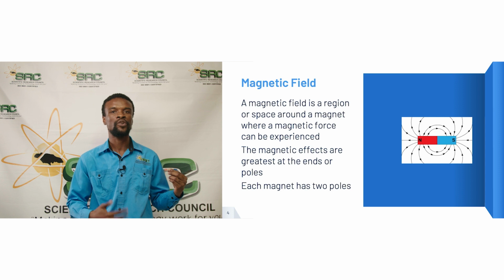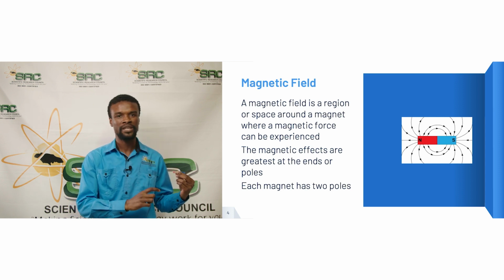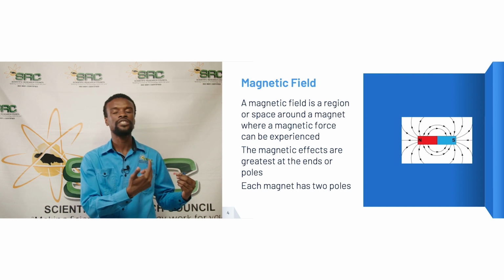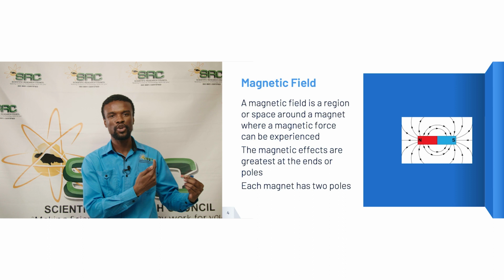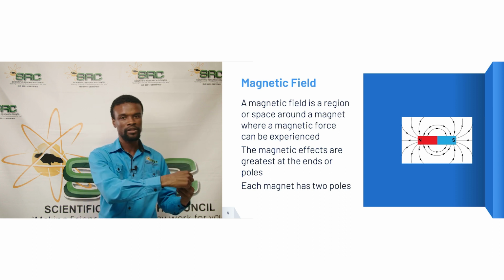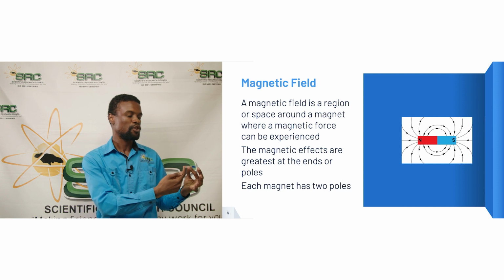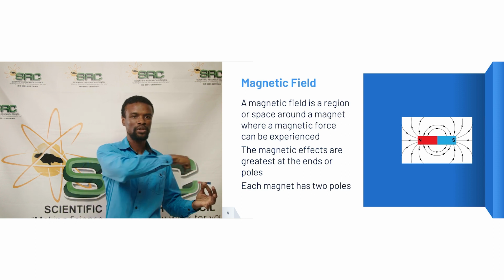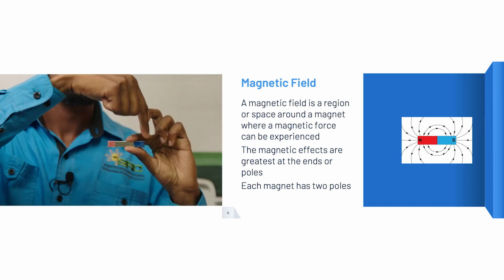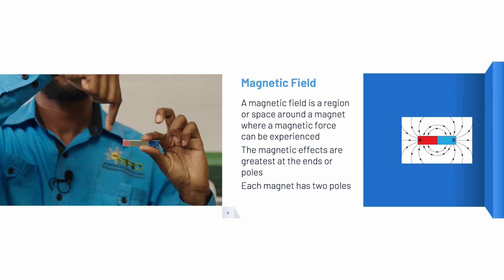Magnetic field lines are regions of space where a magnetic force can be experienced. The direction of the magnetic field lines originates from the North Pole and terminates on the South Pole. Using this magnet as an example, the field lines are emanating from the North Pole to the South Pole. All right, so the field lines of a bar magnet would look like this.